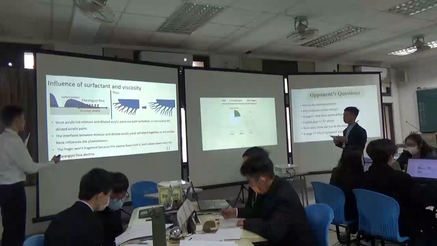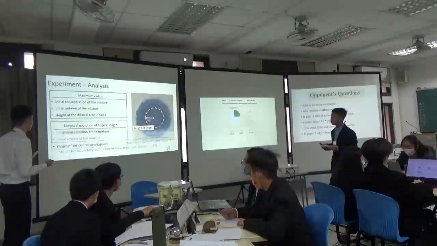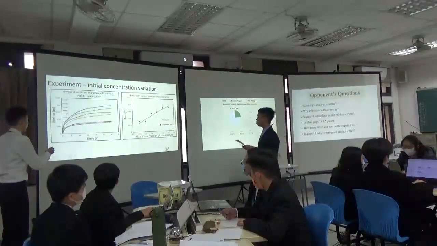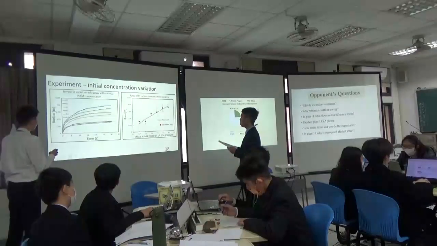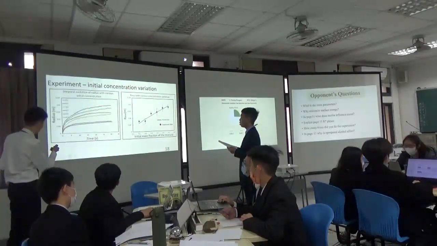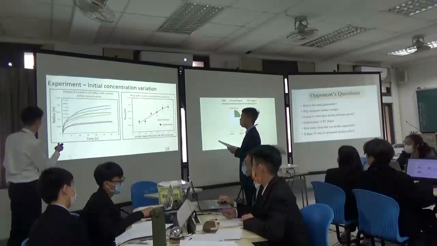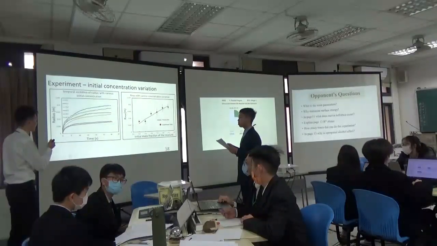But you can see in my experiment graph that it has a maximum radius, but it still tends to grow a little bit because there is still a very small Marangoni flow acting on this system.